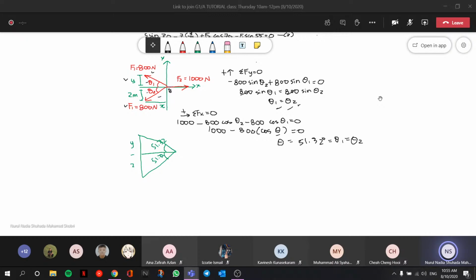And x is supposedly to be here, so it's also actually at this position because they are on the same line. So for this one you can just use tangent.